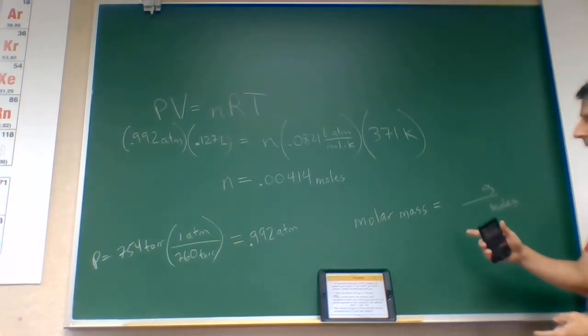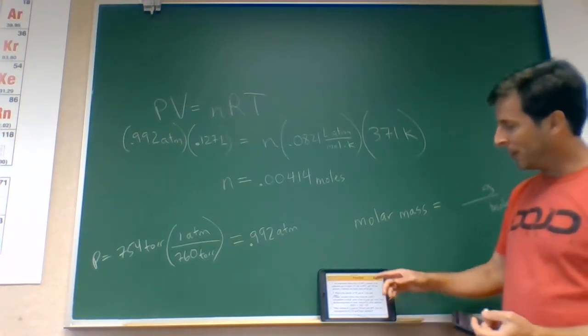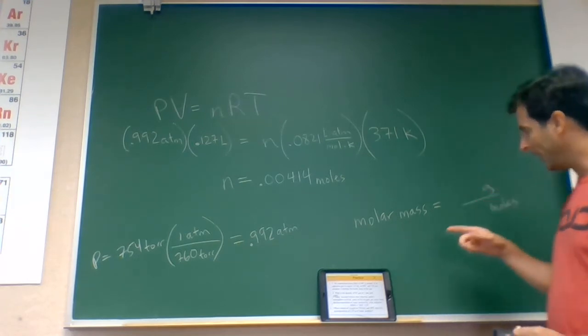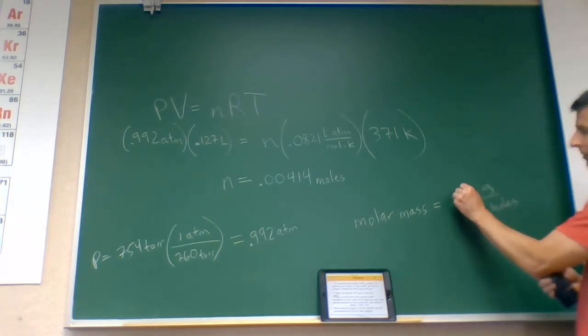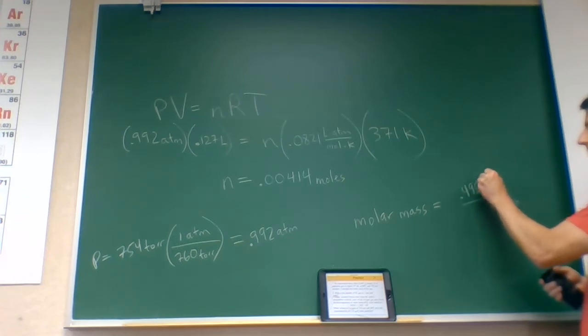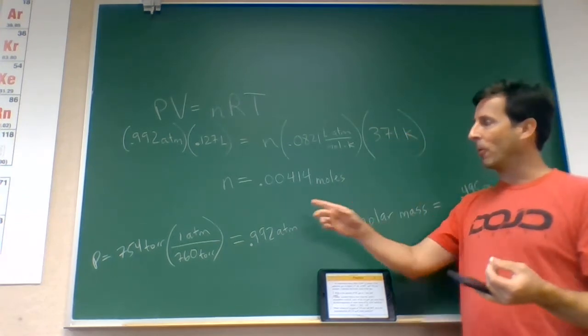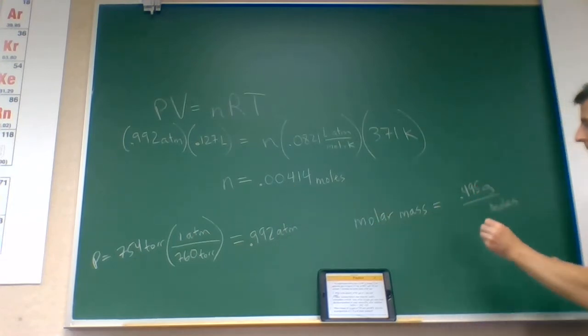So basically for the molar mass, they told me in the problem the sample weighed 0.495 grams. So I could plug that on top, 0.495. And then we found out that in that sample, there's 0.00414 moles.